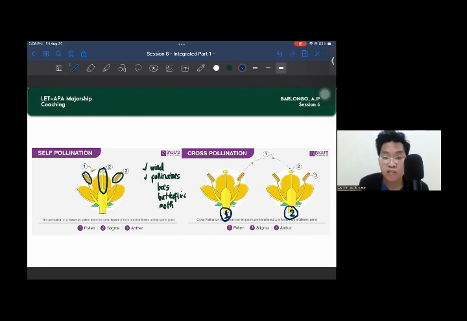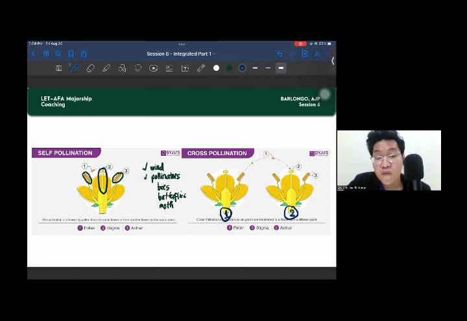So, kukuha ka ng anther, yung mga pollen grains, kukunin mo yun, tapos saka mo ilalagay sa stigma niya. Tapos saka mo babalutin ng plastic o kaya ng paper bag para mag-self-pollinate siya. So, that is one thing that you can do.